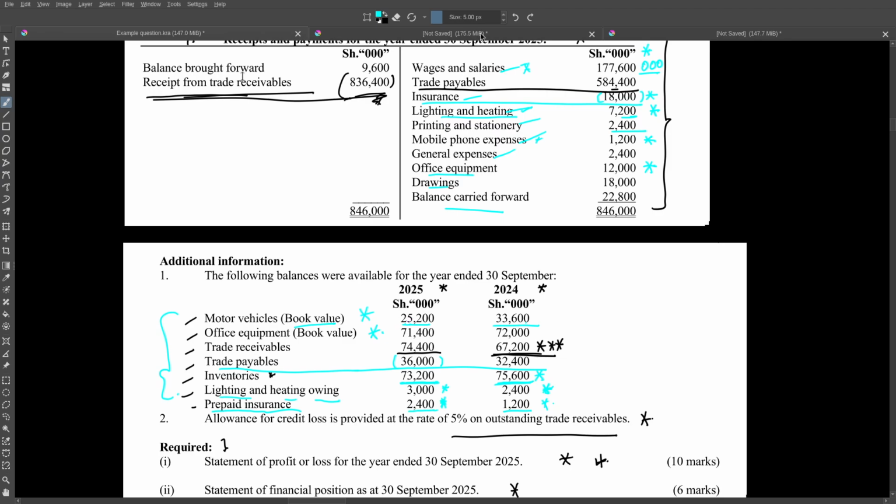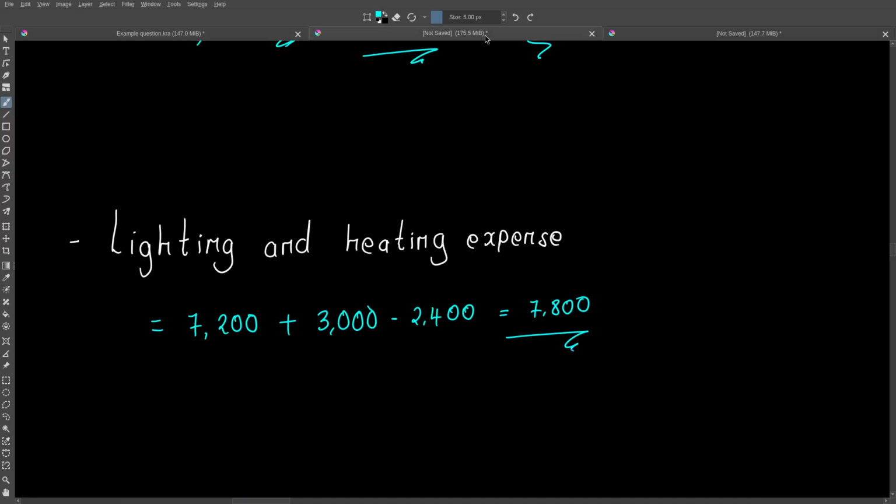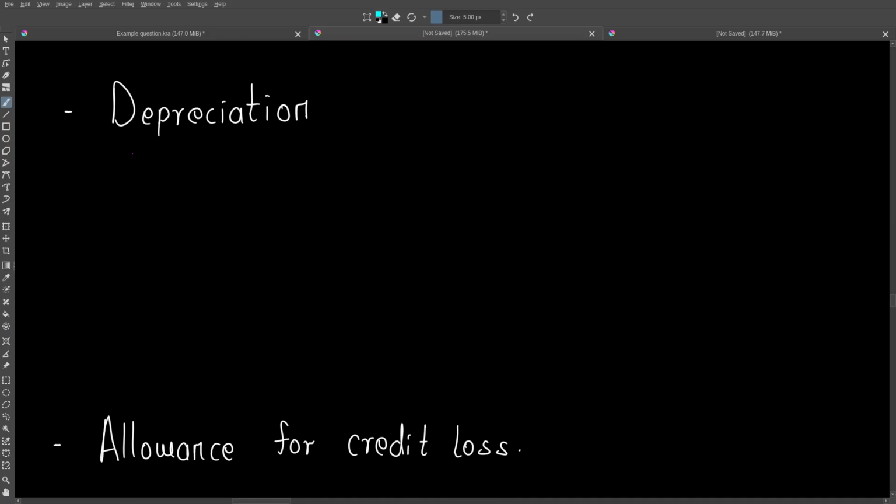So for us, we just need to know the depreciation for motor vehicles. What do we do? For motor vehicles, we take the book value in the previous period, which is 33,600. Then we less our book value for the period, because book value is after deducting depreciation, and you're going to get 8,400.